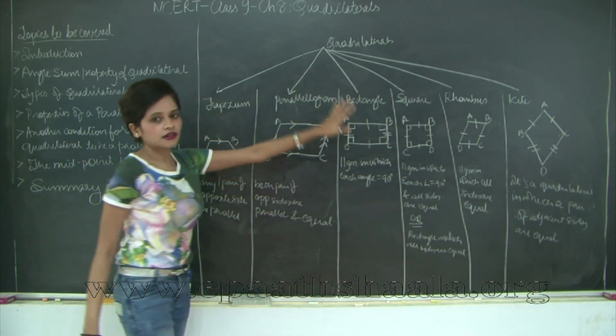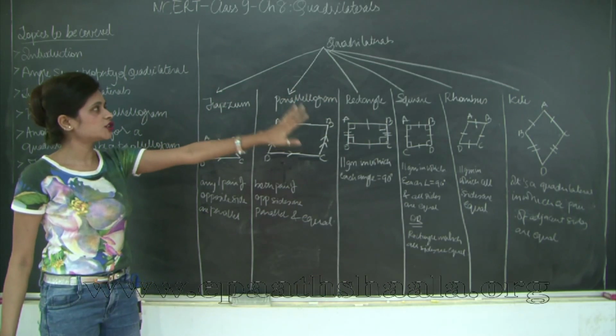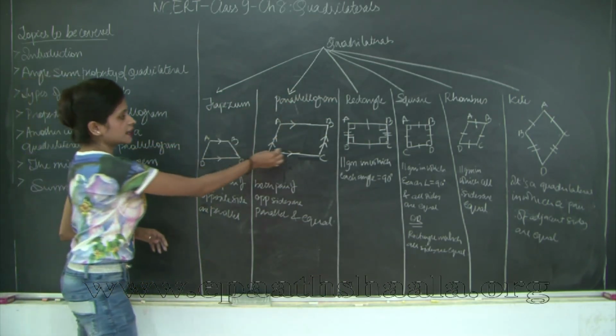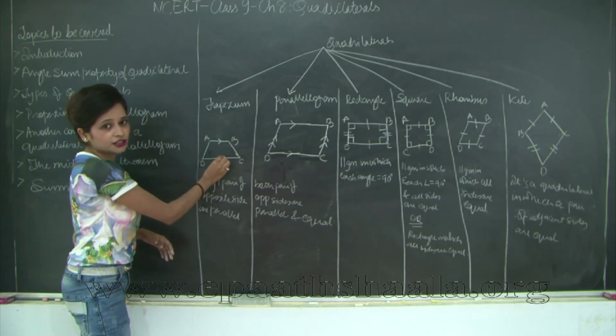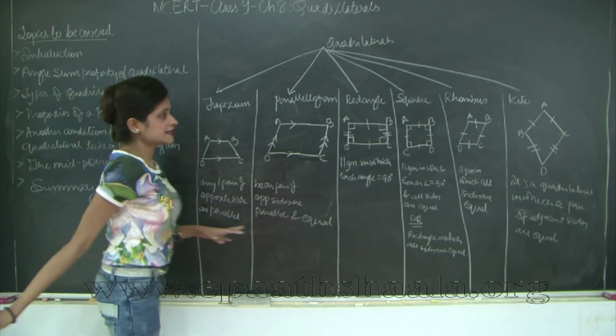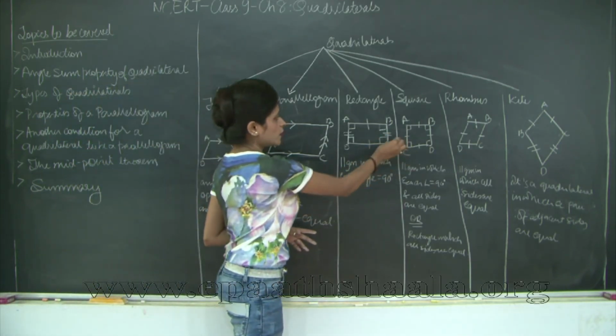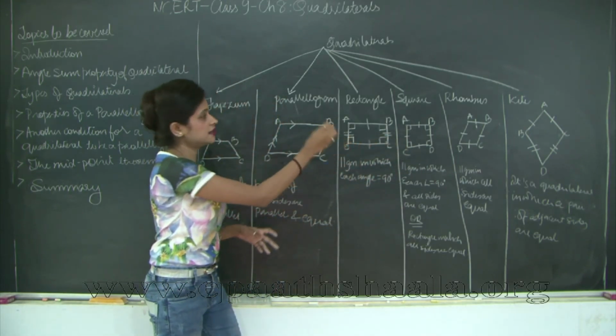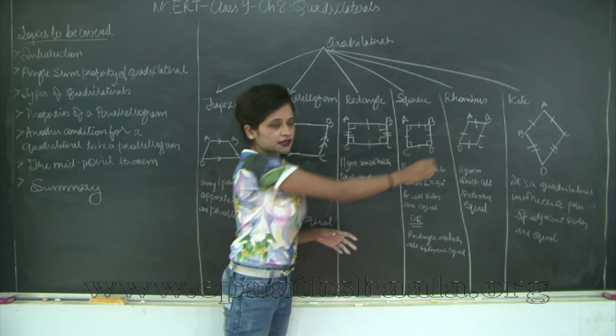So these are the six major categories in which quadrilaterals have been categorized. What can you say? That a parallelogram is a trapezium, but a trapezium is not a parallelogram. Similarly, a rhombus, square and rectangle are parallelograms, but it is not essential that a parallelogram is a rectangle, square or rhombus. Why?